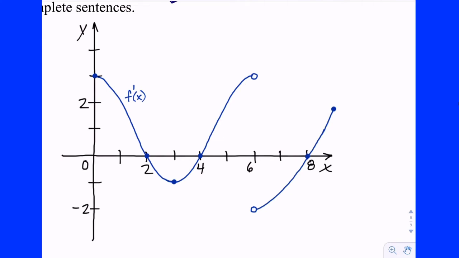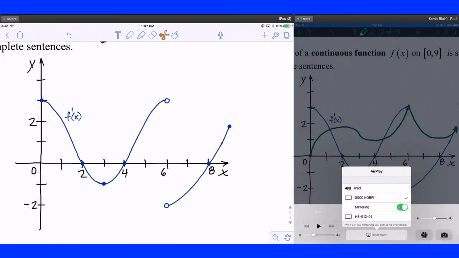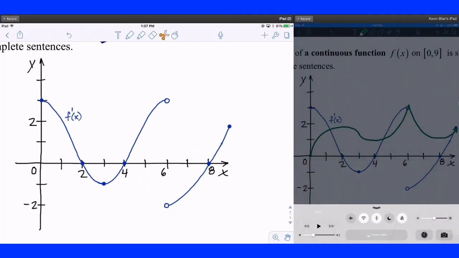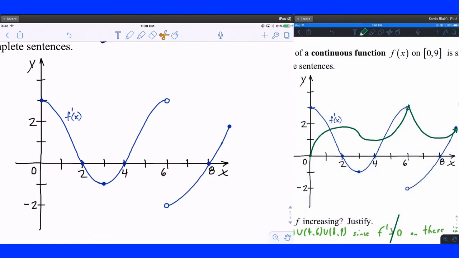AirPlay. I don't know. Ready for Jackson's? Here comes Jackson's. Yeah, I see his right here. Did anyone else get something similar to that? Yeah? Okay, let's see if it's right.